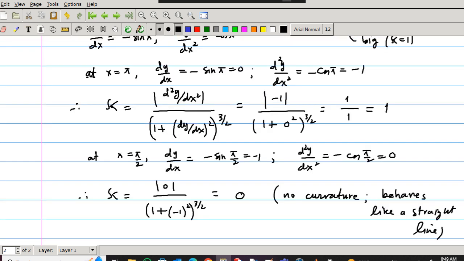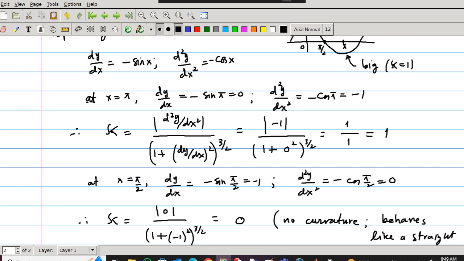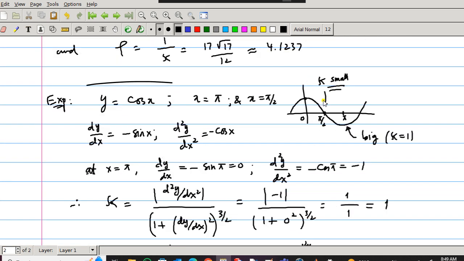So it means your graph at pi by 2 is almost a straight line. And you can see here, right? It's almost a straight line. If I zoom it here, it almost behaves like a line.